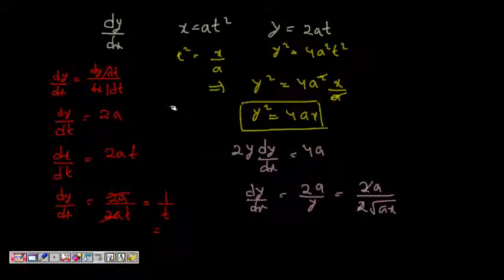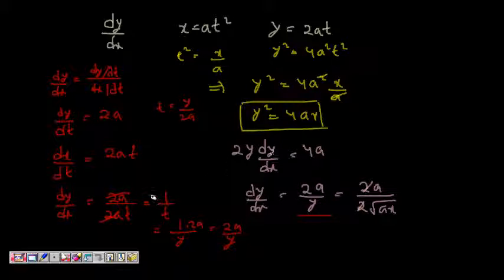So 1 by t becomes 2a by y, which is the same as here. This means that our method is correct.